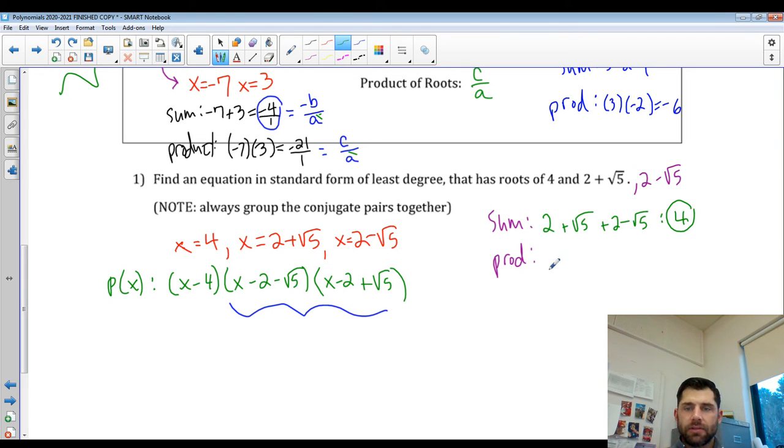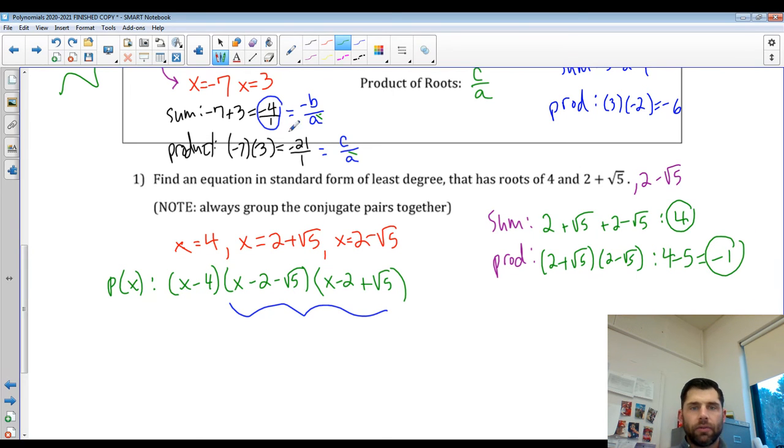My product, 2 plus radical 5 times 2 minus radical 5, that's great. We already see the pattern. This is a difference of two perfect squares, really. So we have 4 minus 2 radical 5 plus 2 radical 5, so those radical 5s go away again, and we're just left with 4 minus 5, which is -1.